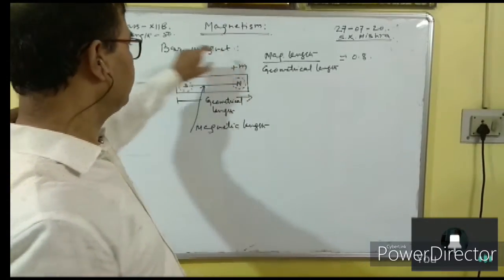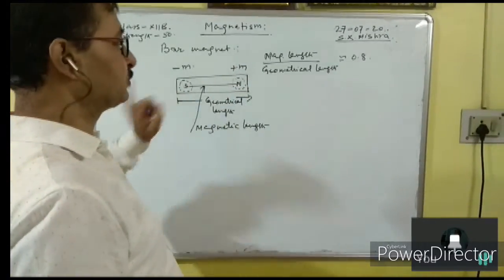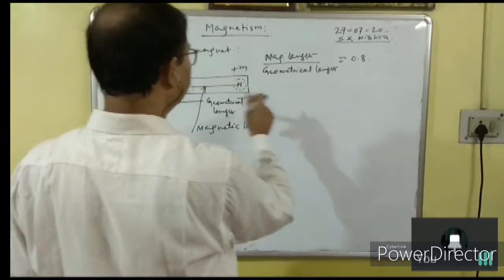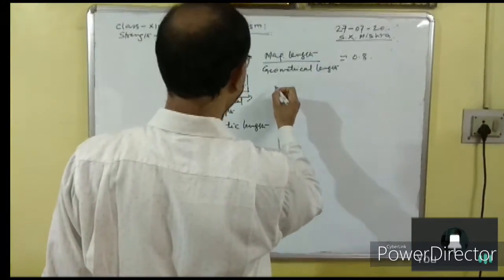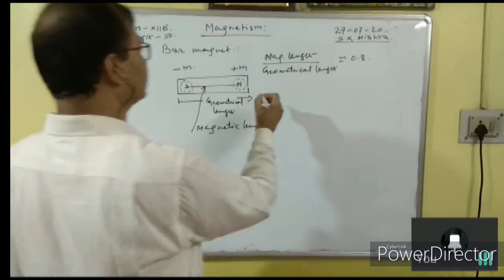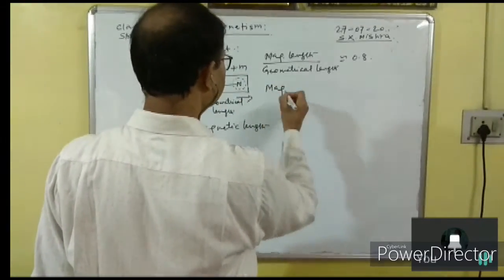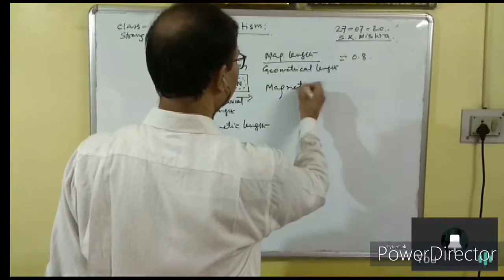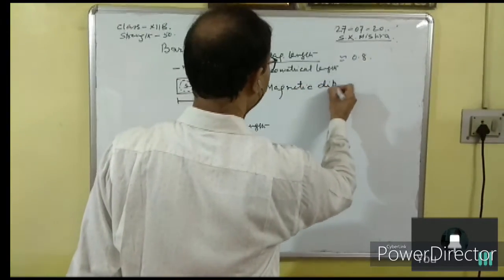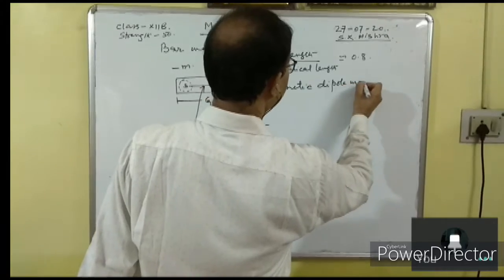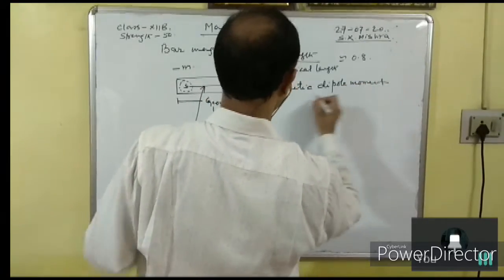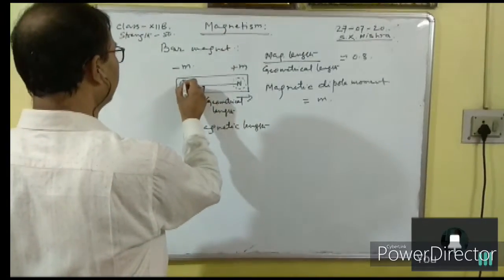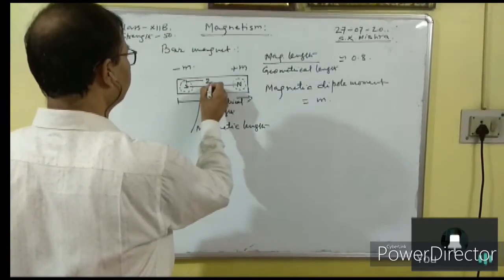Every magnet has two poles, north and south, and both the poles have the same equal strength. This strength is called plus m, and this strength is called minus m. This is sometimes known as magnetic charge.